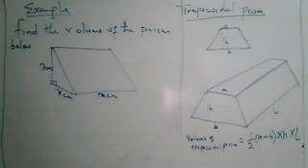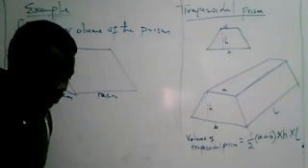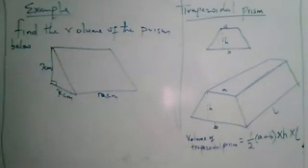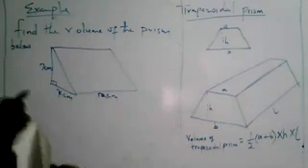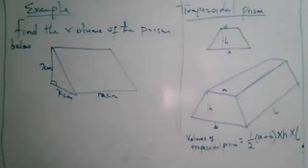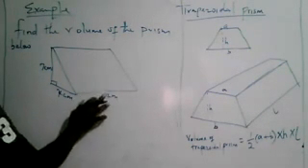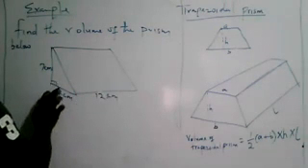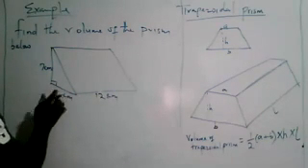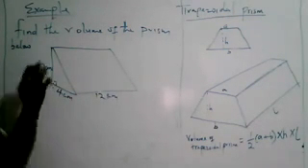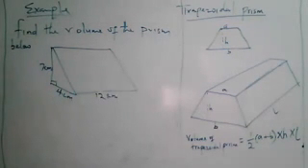So these are the parameters you have. So we have 7 cm, 4 cm, and 12 cm. This is 12, this is 4, and this is 7.